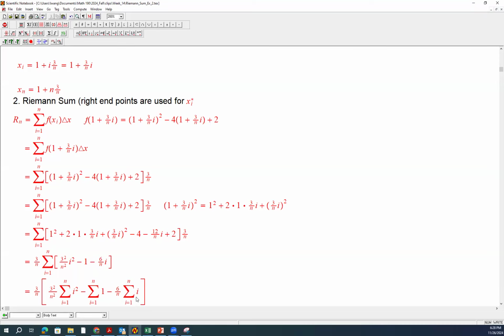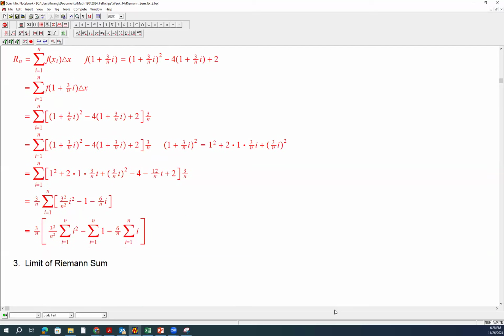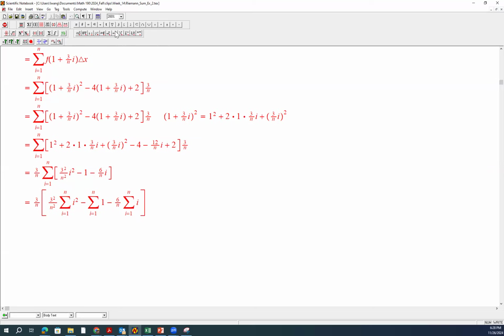You notice that I keep the constant outside. So now we're about to use those formulas. So 3 over n is kept outside, on the inside the bracket.